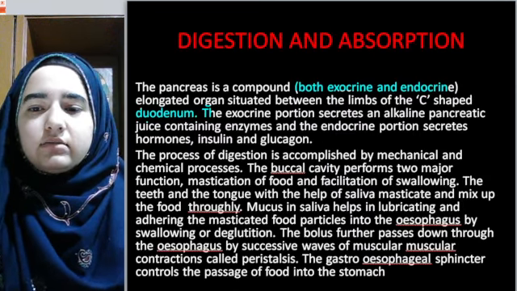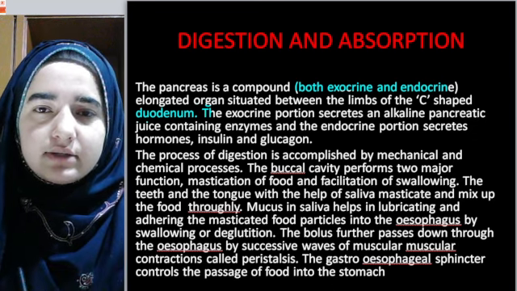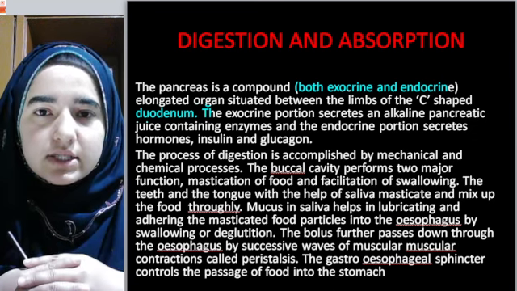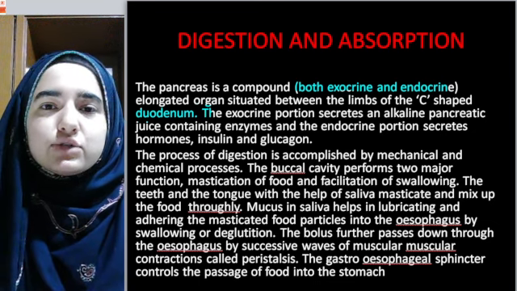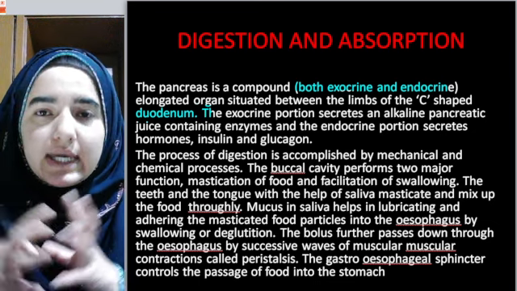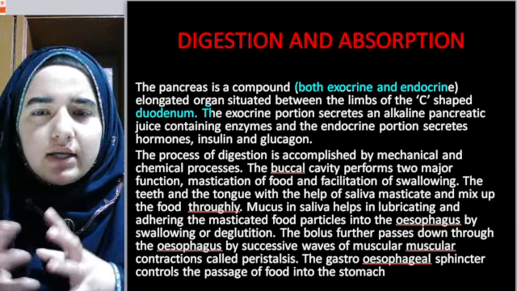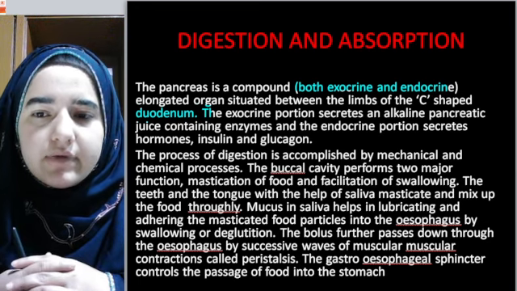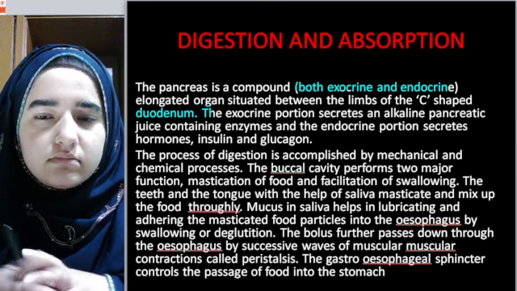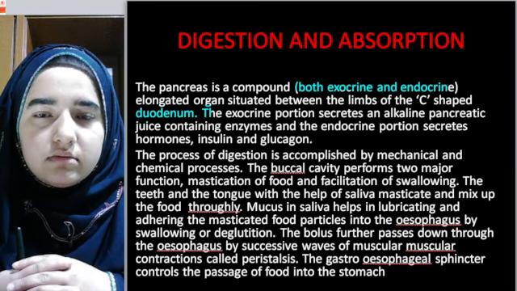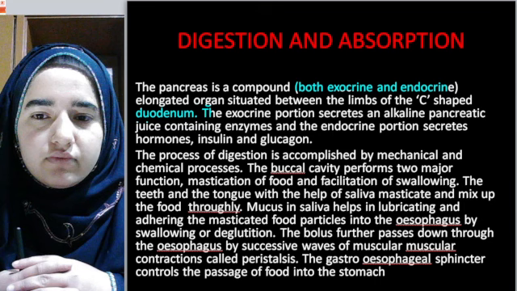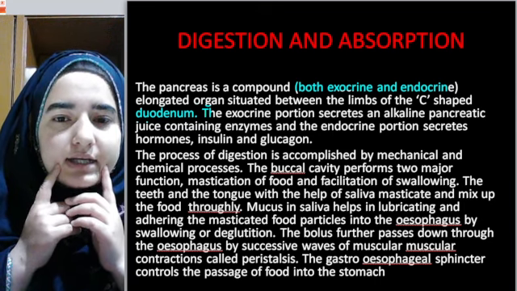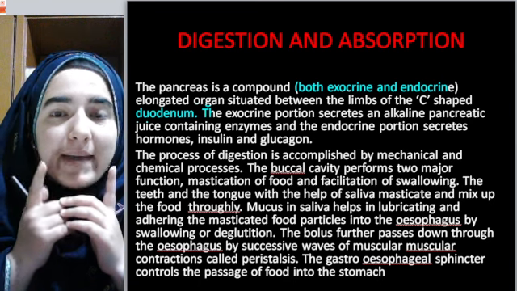I already mentioned that digestion takes place through mechanical and biochemical processes. Mechanical digestion is by chewing, and biochemical digestion is chemical, like in the stomach we have HCl, and in different parts we have glands and enzymes which help in chemical digestion of food. First, in the buccal cavity, mechanical digestion takes place through mastication of food.